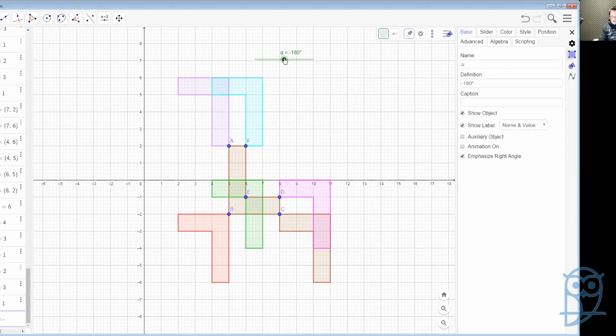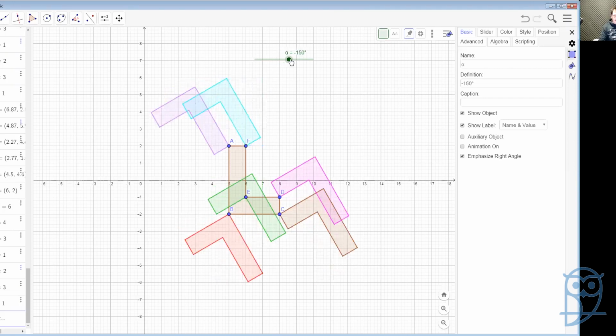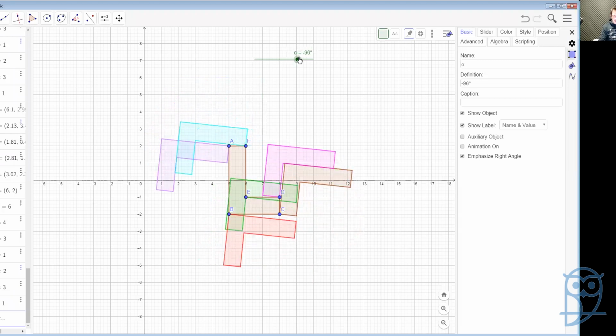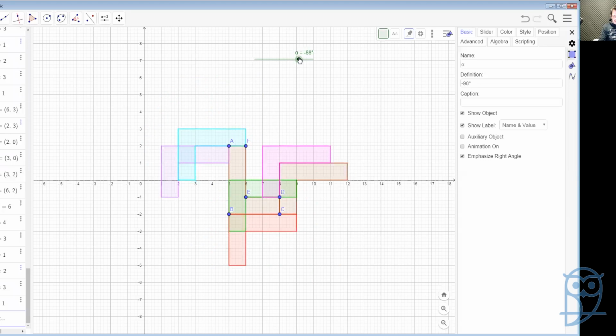So that's also a very interesting idea, how translation comes into rotation. And we see they come around, they start lining up very nicely and neatly. Again, all of these are the same shape, same size, and same orientation, but still different to the original brown one there.